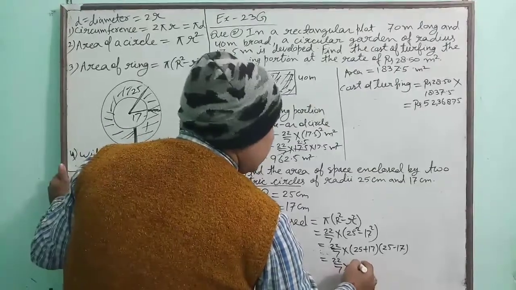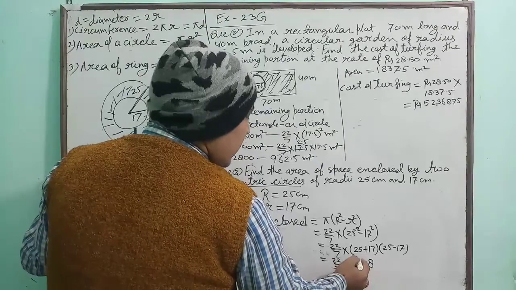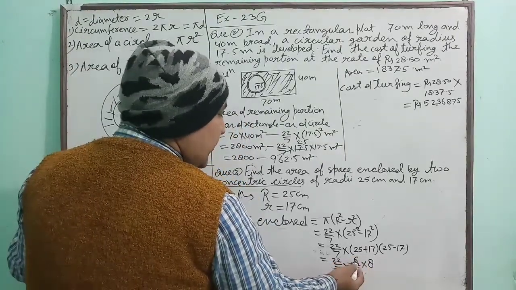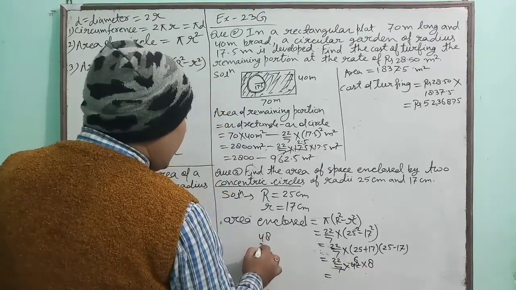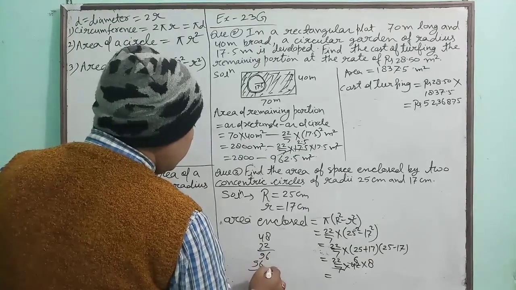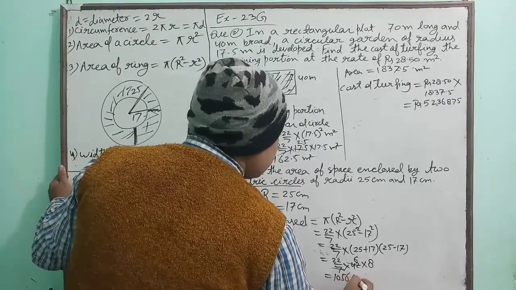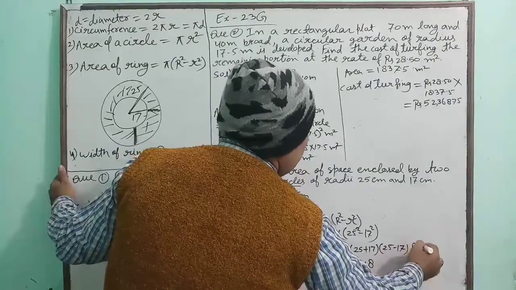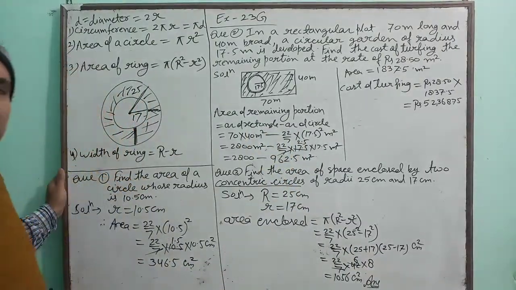So this is 42 and this is 8. 7 divides 42 six times. Now 8 into 6 is 48. 48 into 22 is 1056 centimeter square. Okay, this is the area enclosed by the concentric circles.